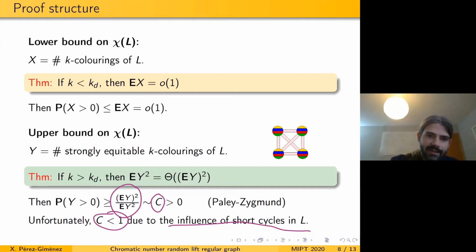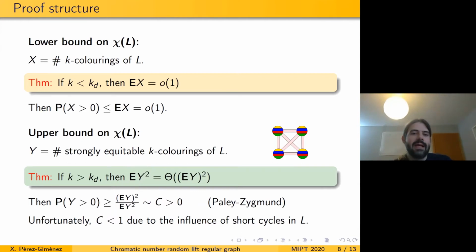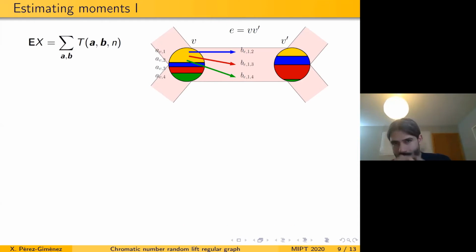Short cycles artificially inflate this second moment by a constant, so you get something that's less than 1. We'll talk about how to fix that later on. I'm going to talk about stochastic matrices very soon.